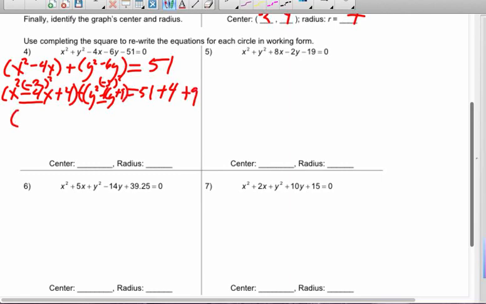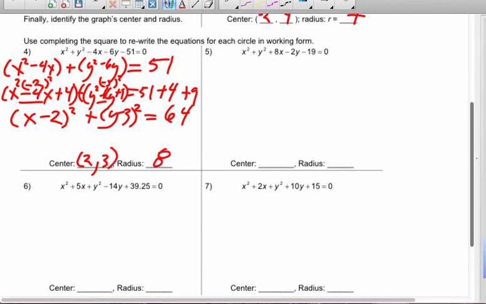So this will be x minus 2 squared plus y minus 3 squared will equal 64. And wow, look there, now we're in vertex form, or we're in working form. We can do this. So my center is going to be at 2, 3, and my radius will be 8.